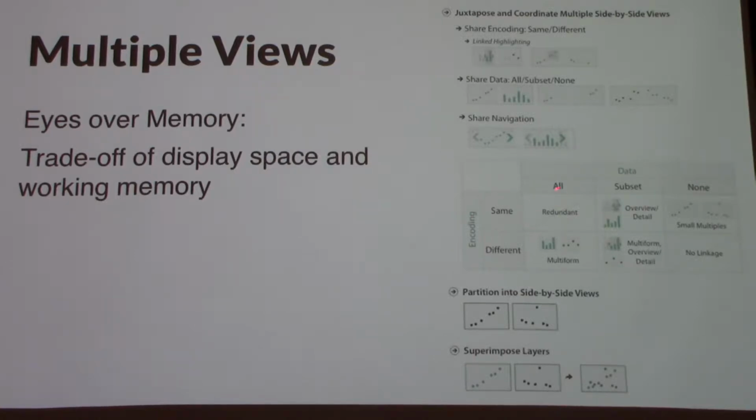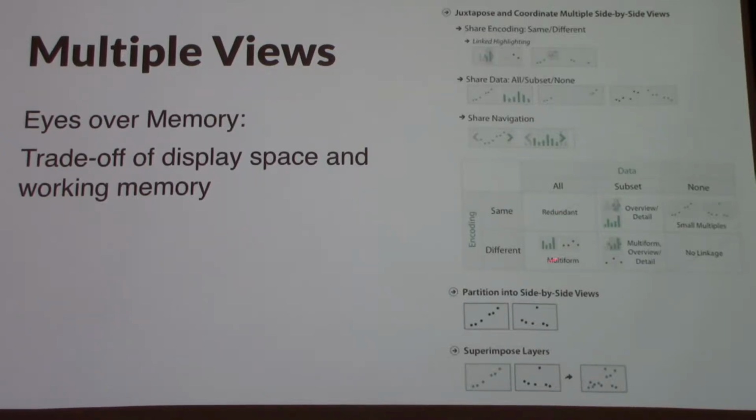If you have the same encoding and all data, then it's of course redundant, so you would show the same plot twice. If you have a different encoding but all of the same data, it's called multiform visualization. If you have a subset of the data and the same encoding, this is overview and detail. I'll give you examples later.